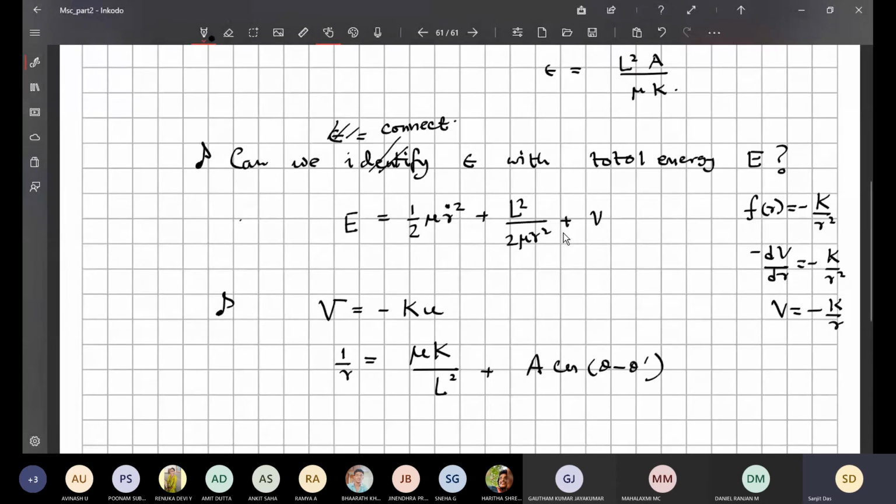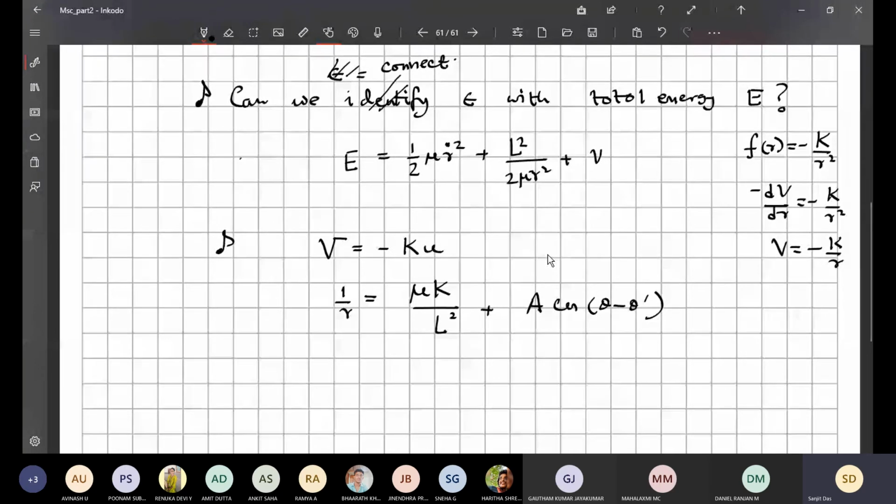Now from here I already see this is my total energy as usual. Now what I am going to do is, you can check that and write it down in the format of U is equal to 1 by R. So this is nothing but my U.